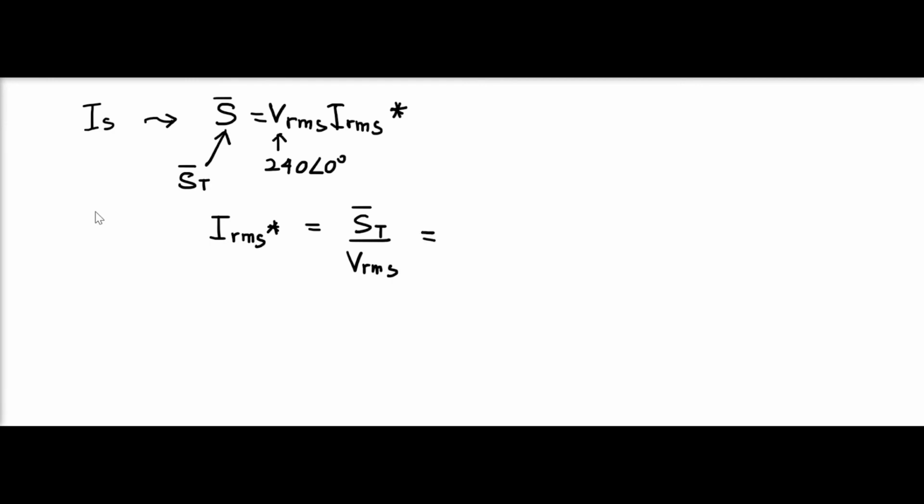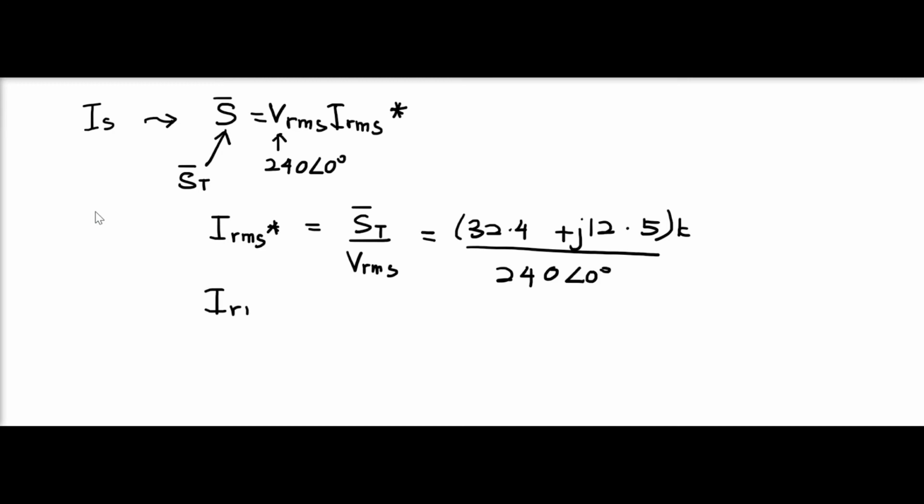S total is 32.4 plus j12.5 k over 240 angle 0. So I RMS conjugate comes out with a positive angle, 21.1, and the conjugate reverses the positive angle.